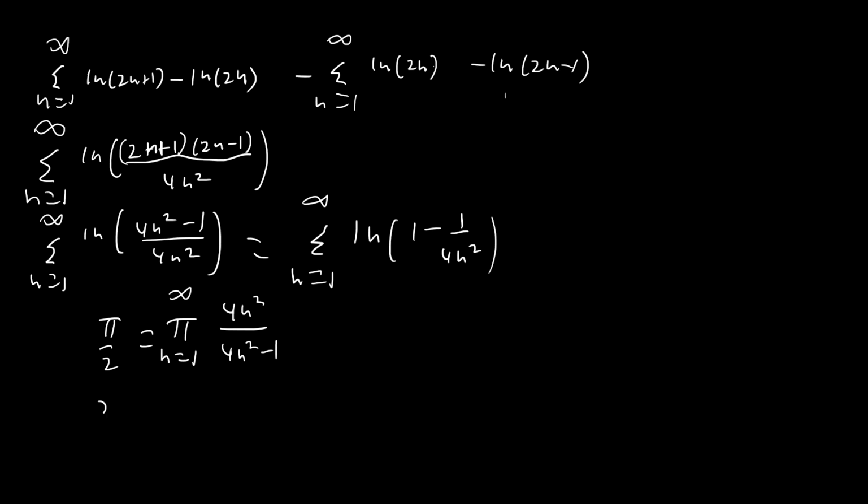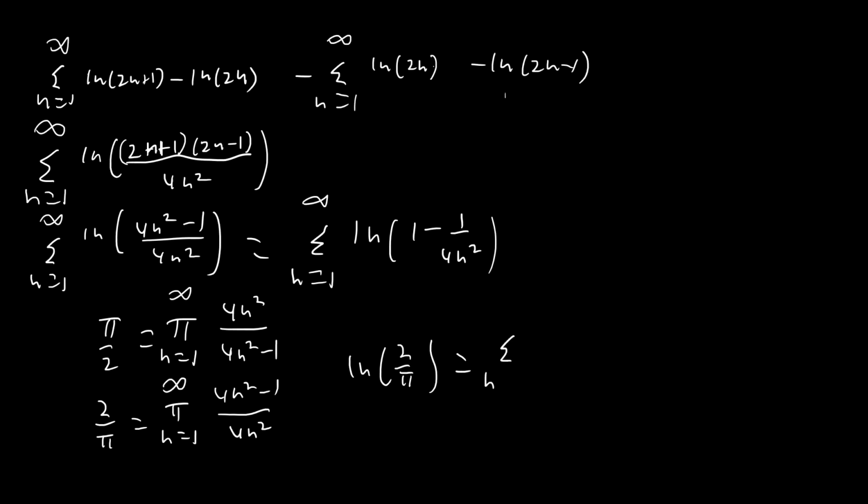So that means 2 over pi equals the product from n equals 1 to infinity of 4n squared minus 1 over 4n squared. Then when we take the natural log, we get ln of 2 over pi equals, now each of these we separate so it becomes a summation, n equals 1 to infinity of ln of 4n squared minus 1 over 4n squared.